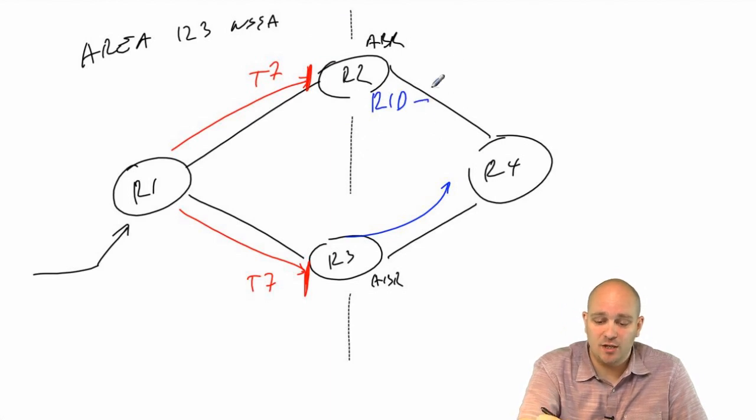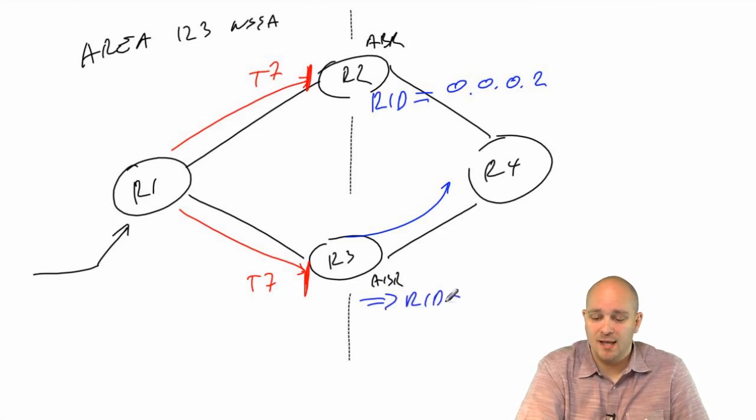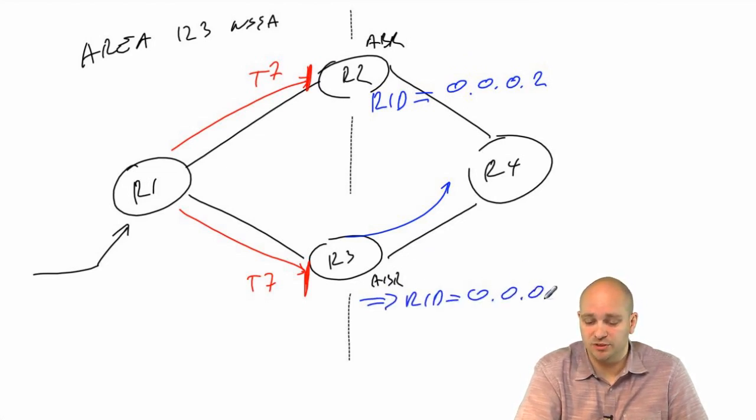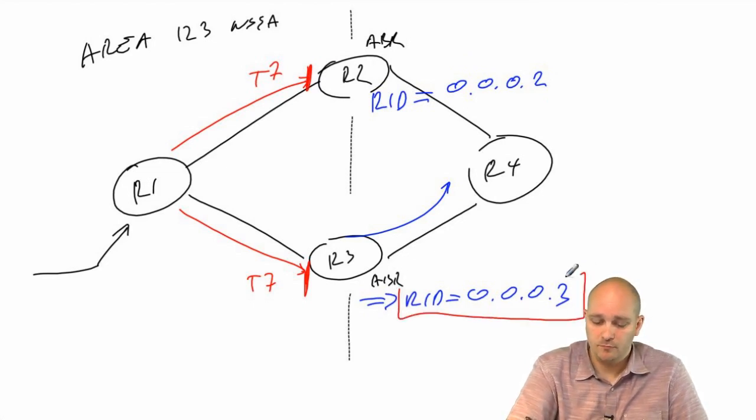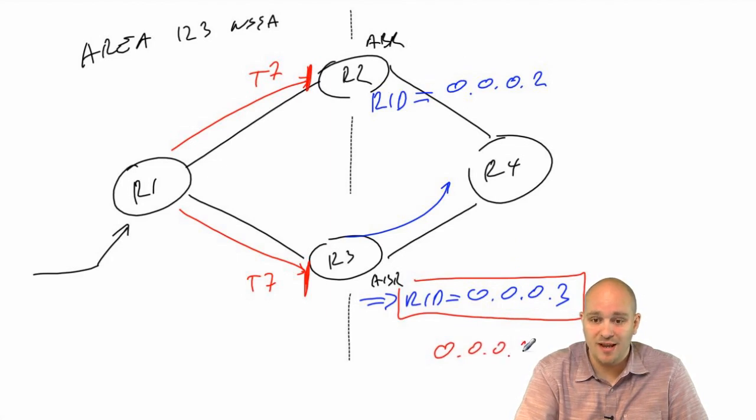So let's say that this one here has the router ID 0002, and this one here has the router ID 0003. Now the translating ABR will be R3 because 0003 is actually higher than 0002.